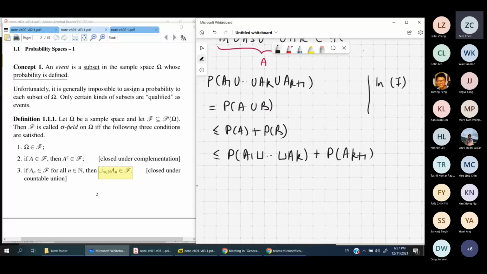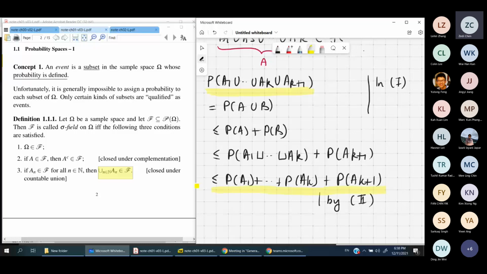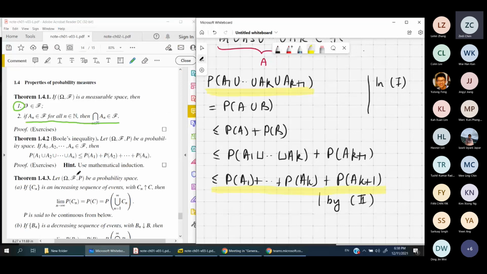Then this is less or equal to, by part 2, this part. You can see this is less or equal to this, which just means that this formula is true for n equals k plus 1. Hence the formula 1 is valid for n equals k plus 1.